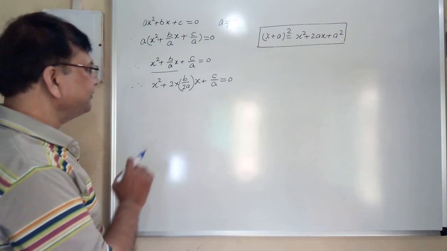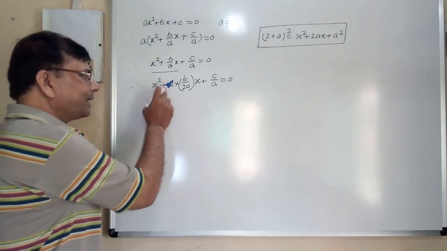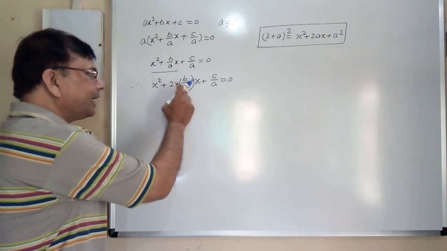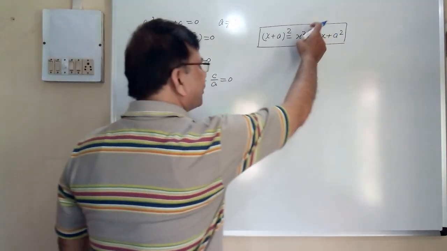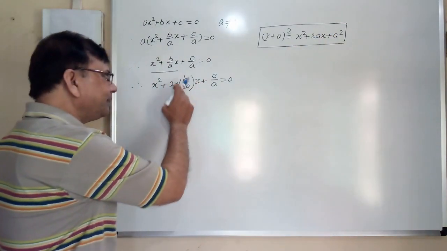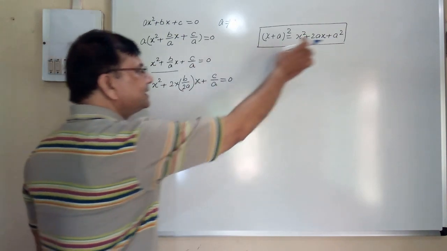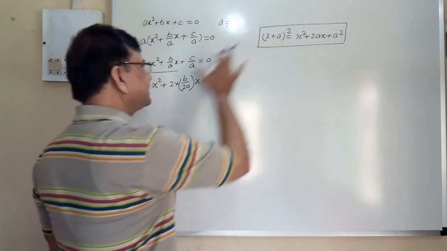Now one benefit we are getting out of it: in x square plus 2 into ax of this form, in place of a, what is there is b upon 2a. So if we add the square of this term, then this will become a perfect square.